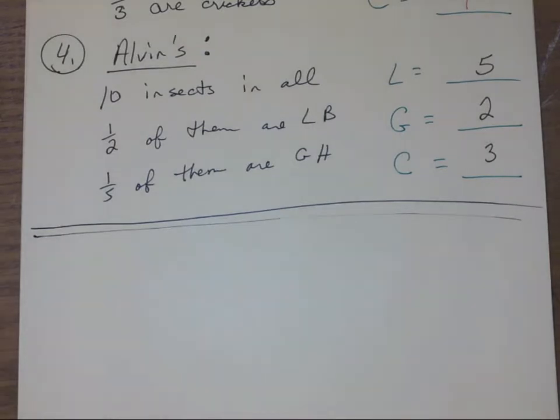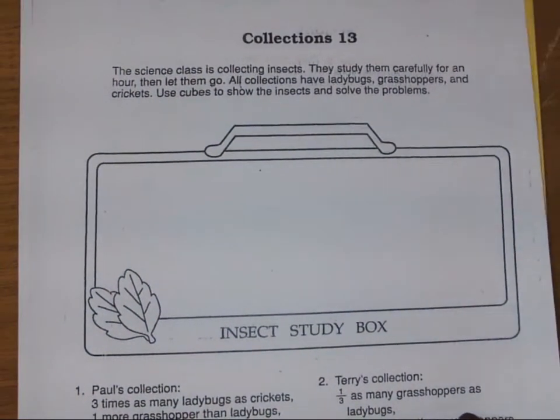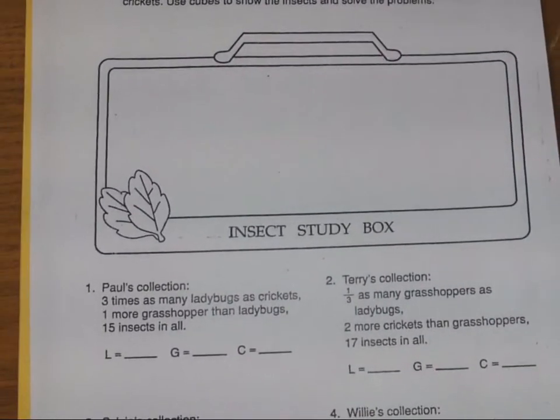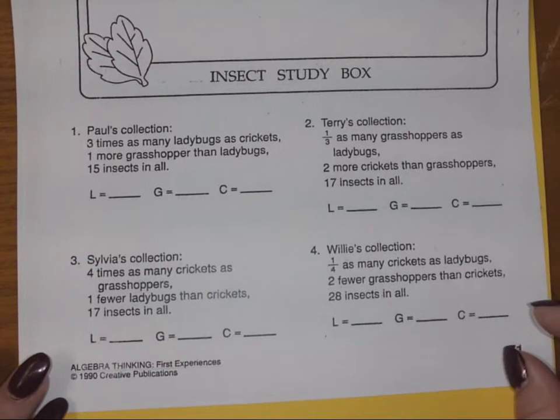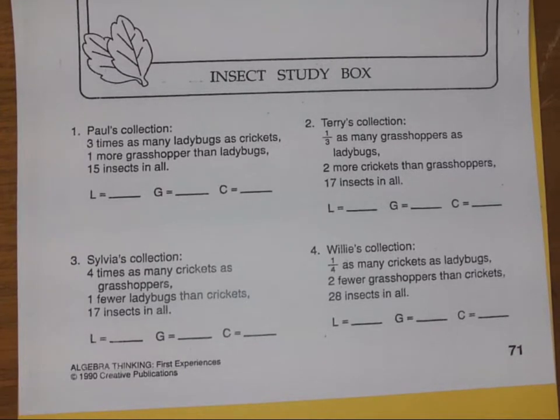So I'm going to work conceptually now. So everybody hold on to that thought. I'm going to give you collections number 13. It's very similar to what we've been doing. Here's my insect box. Again, similar stuff going on here. We're going to look at Paul's collection.